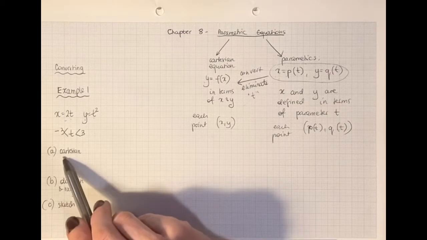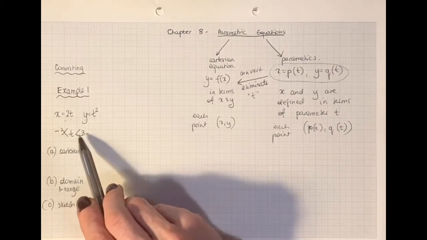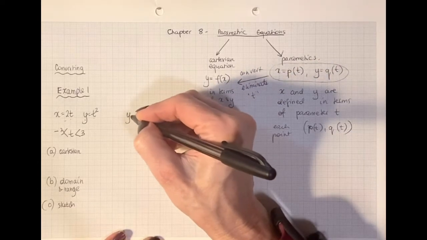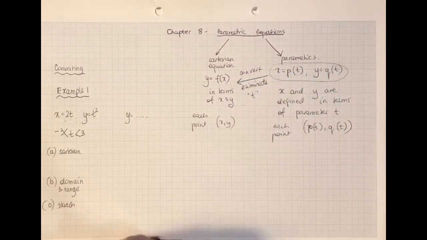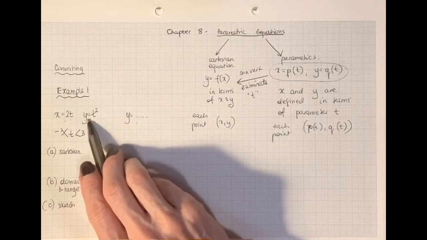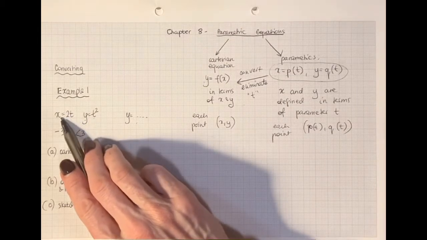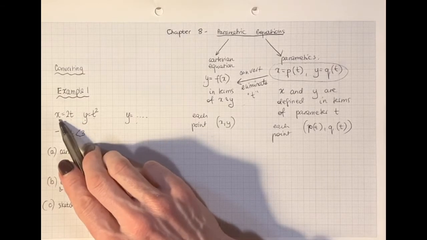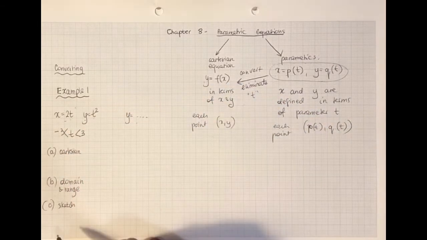So to find the Cartesian equation of this curve, very often they will tell you if they want the equation to be in y equals form. So if that's the case, we are going to rearrange our x equation to find what t is in terms of x and then sub it into the y equation.